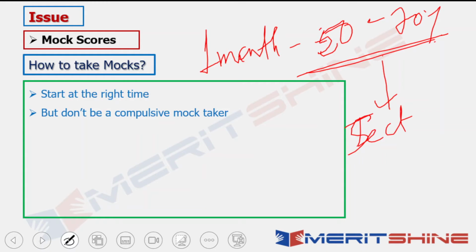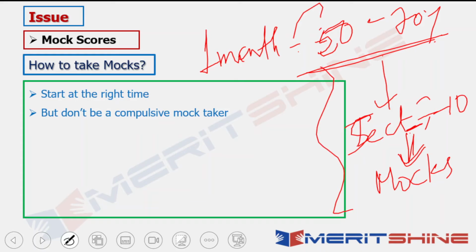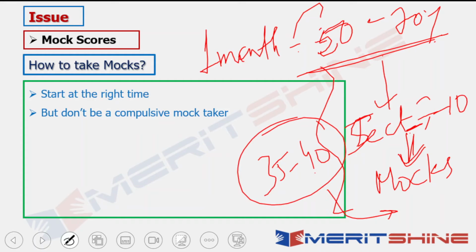So, 1 month from now, 7 to 10 days only sectional tests, and then start off with the mocks. So around 35 to 40 days from now onwards, let's say, if you have started just now, you should start taking mocks, and your frequency of mocks should be 3 a week. Prelim mocks, no mains mock for you, right?